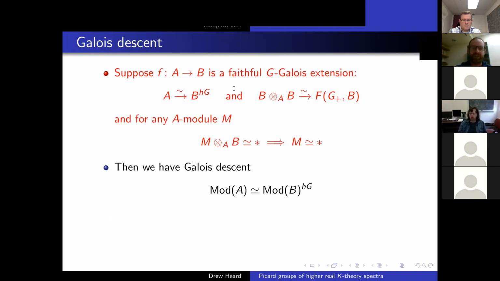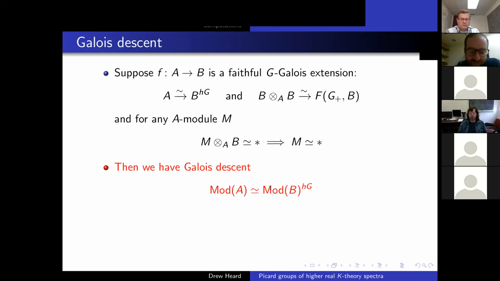Particularly nice Galois extensions are the ones that are called faithful. Faithful just means that if I have an A module M, and I tensor down to B, if it's contractible there, then it was contractible to begin with. All right, and then the theory, I don't know who to attribute this to. There's Rognes's work, it's in Leonard Meyer's thesis, it's Akil and Vesna's paper, Tyler Lawson and David Gepner's paper.